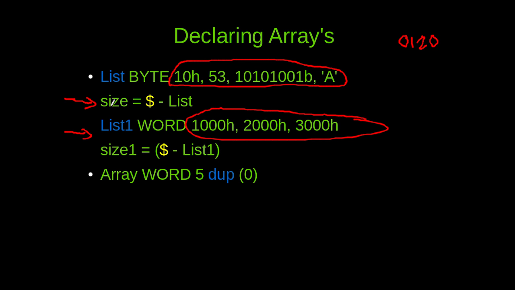It's gonna take the address of this one minus this, so it's gonna give me 10, both of those. So be careful when you declare an array. Try to find the size of it immediately.